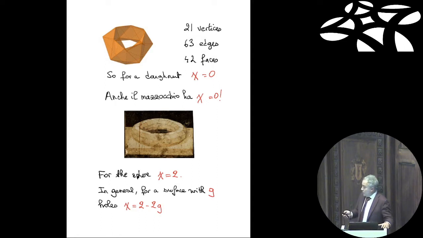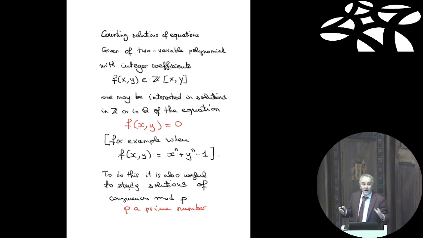Okay, so now we know what the Euler characteristic is. And now we can pass to counting. So many people are interested in counting solutions of equations. So let's take a 2-variable polynomial with integer coefficients.